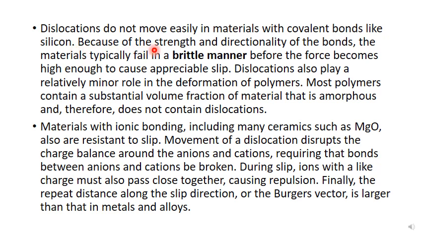In these materials, the strength of the bond is higher than metallic bond, and these bonds are directional, not non-directional like metallic bonds. And we remember the definition of directionality in bonding from our previous lectures. This leads to the fracture of this material to be brittle fracture, not ductile fracture.